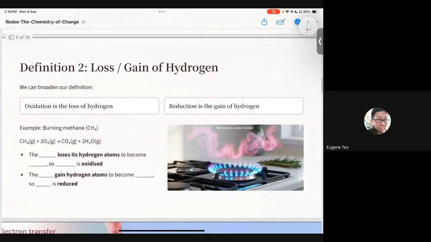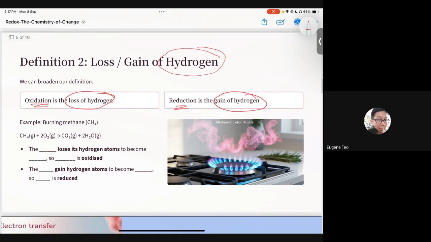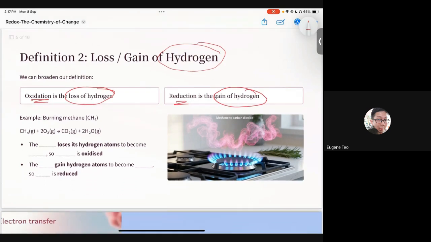Now we're gonna look at in terms of hydrogen. Right? So hydrogen, in this case here, oxidation is the loss of hydrogen. So if I say something is oxidized, it would have lost hydrogen. In terms of reduction, it would have gained hydrogen. Okay, so let's look at this particular thing here.